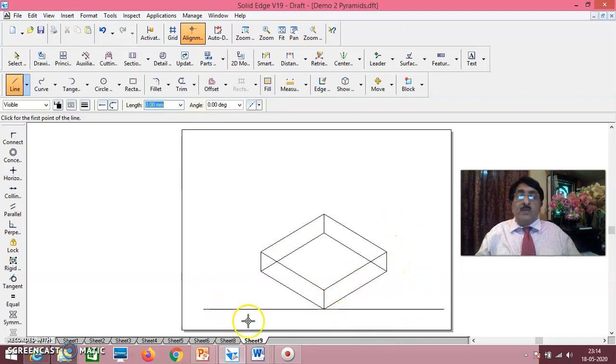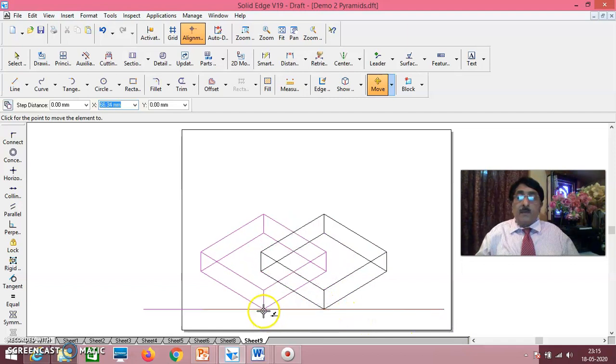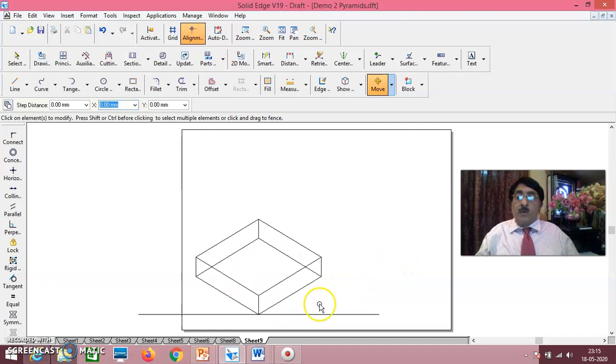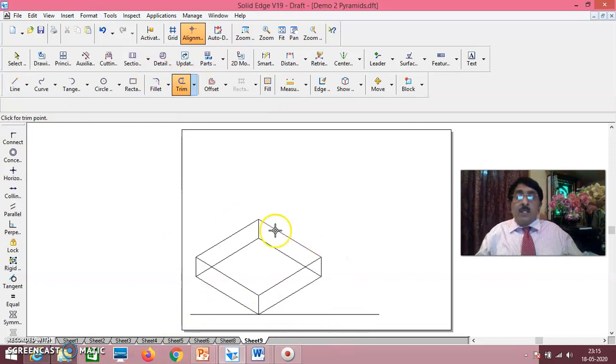But the base solid, as you know, you see here, we'll move it a bit. We'll delete this also to some extent. We'll trim off this. Okay. Now, as you know here, I've drawn the base solid already.